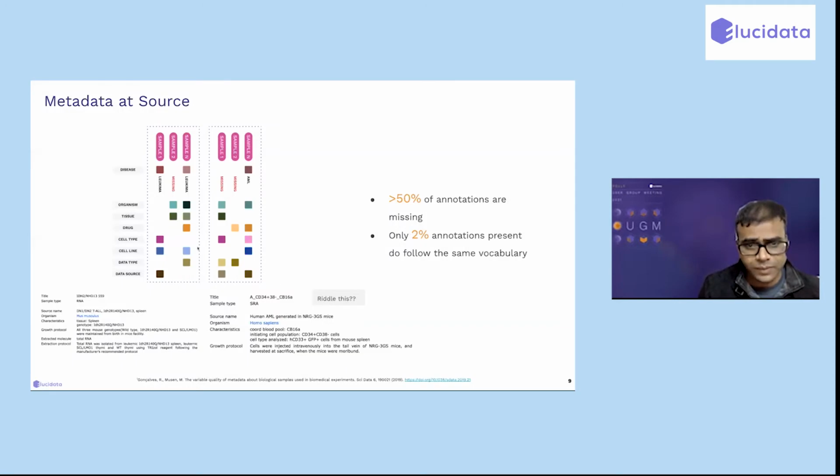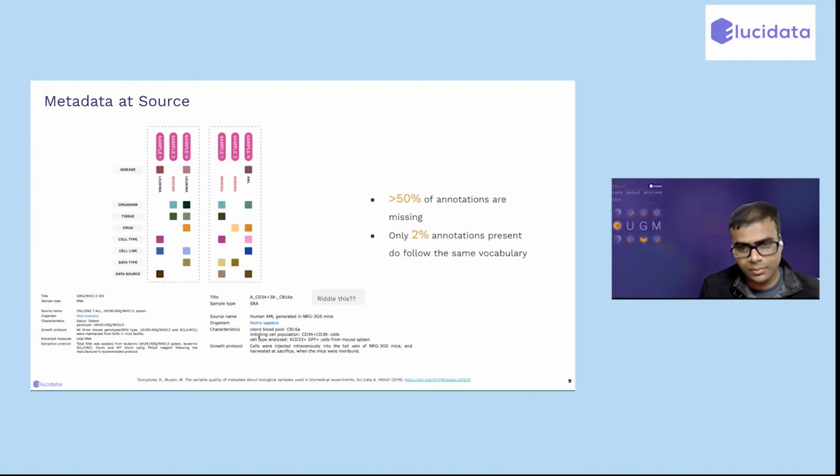This is another example, going into more detail about what the problem looks like. AML might be called something else. There might be missing annotations. We saw an example where there's a very cryptic way of saying that this belongs to leukemia. You can see another example as well, where the only way you can figure out that there is a disease is by looking at the source name, where the word AML is written.